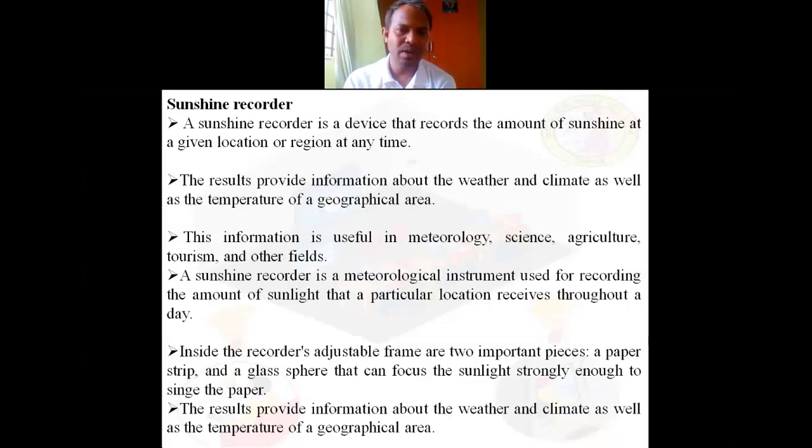Irrespective of that, if you want to find out the total amount of sunshine that has been recorded throughout a day, then the sunshine recorder will help you find out the amount of sunshine received for one complete day. A sunshine recorder is a meteorological instrument used for recording the amount of sunlight that a particular location receives throughout a day.